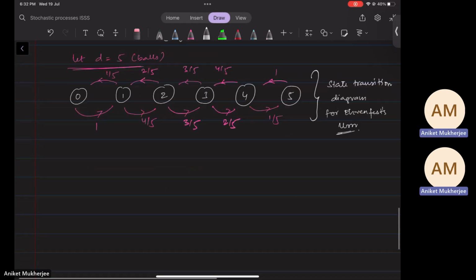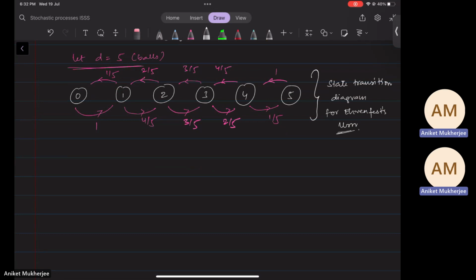Okay, so last class we learned how to calculate one-step transition probabilities and n-step transition probabilities, right?